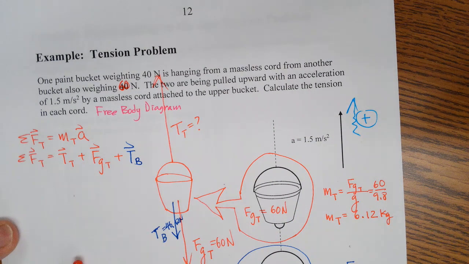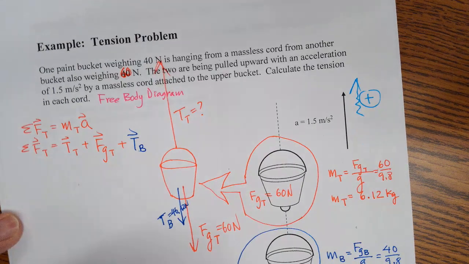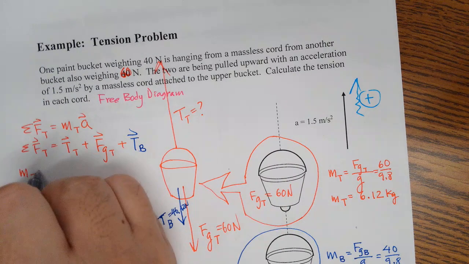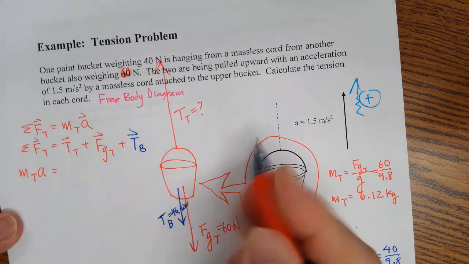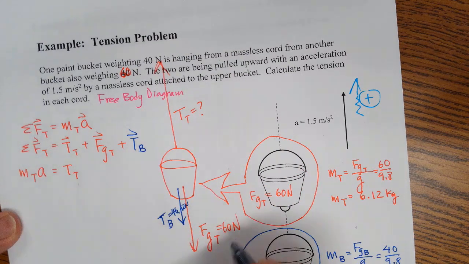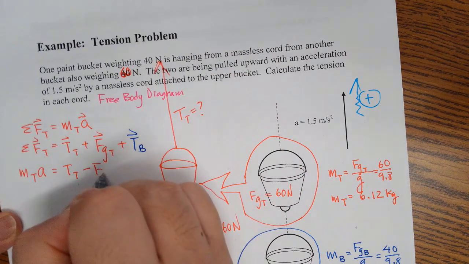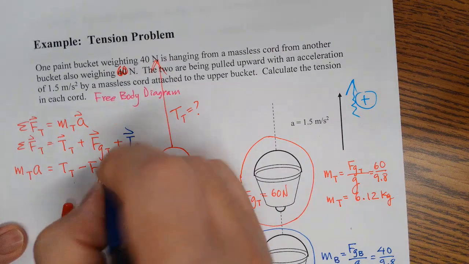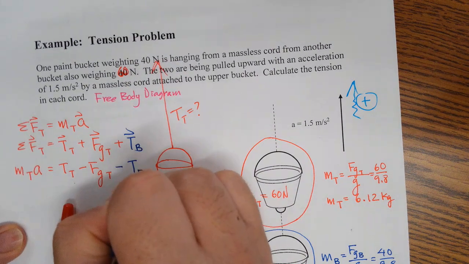Okay? Therefore, m_t a is equal to tension top, positive obviously, minus Fg top bucket, minus tension bottom.